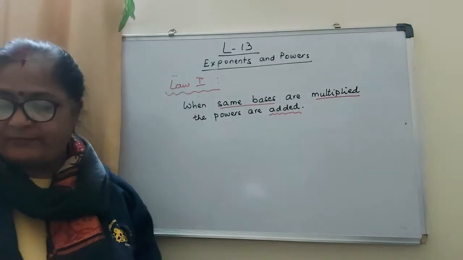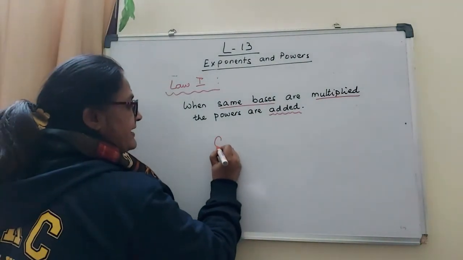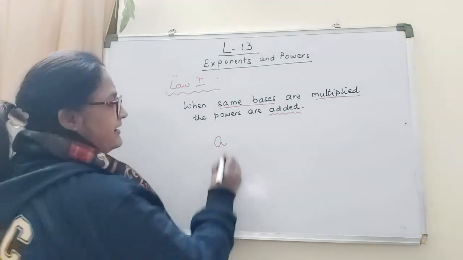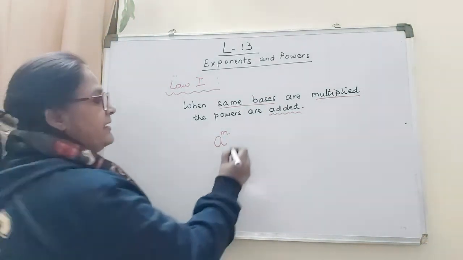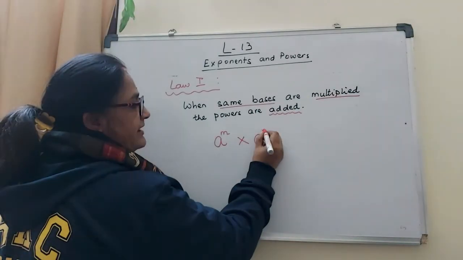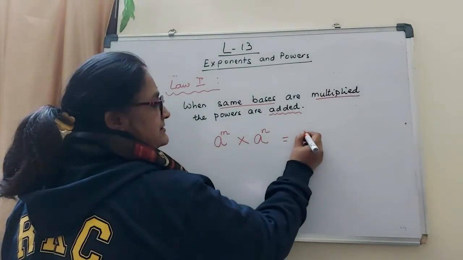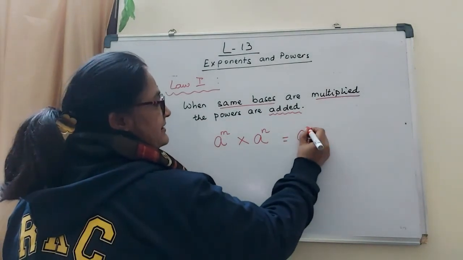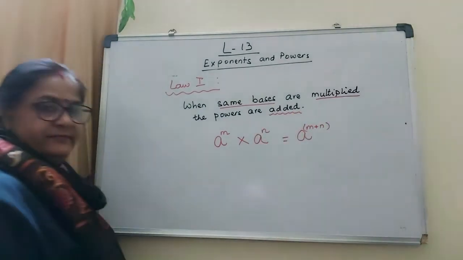This is law number 1. It is represented as any base, that is A, raised to any power that is m multiplied by the same base raised to another power, we get the answer in that base and the powers are added.